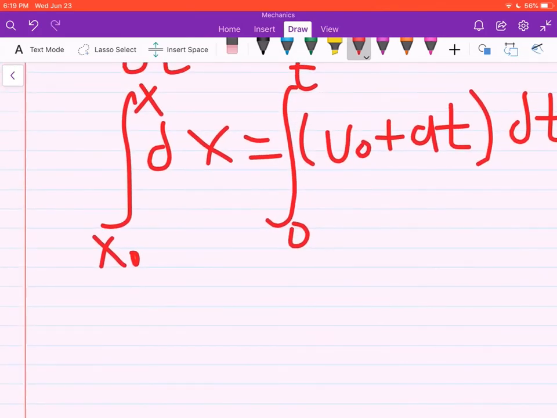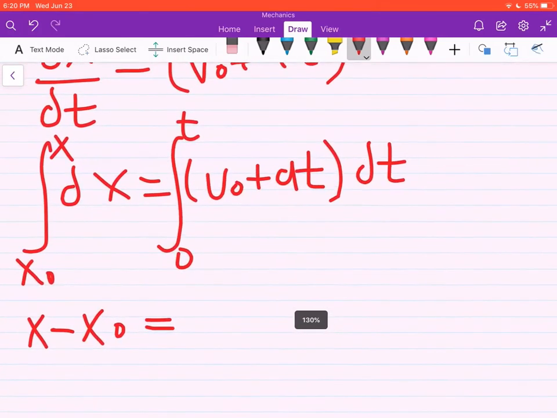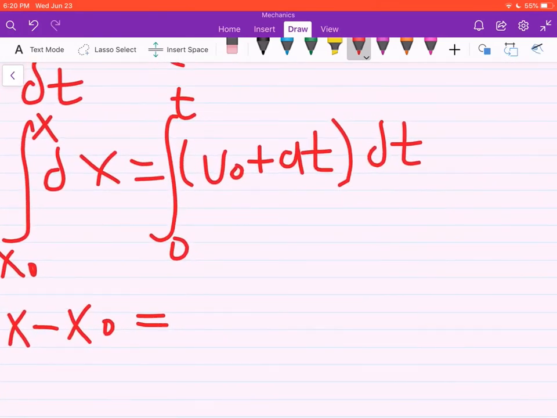Now, the left-hand side is just going to be x minus x0, and this integral we can evaluate term by term, since there's a plus sign in between. The integral of v0 with respect to t is just v0 t, and the integral of at with respect to t is 1/2 at squared.